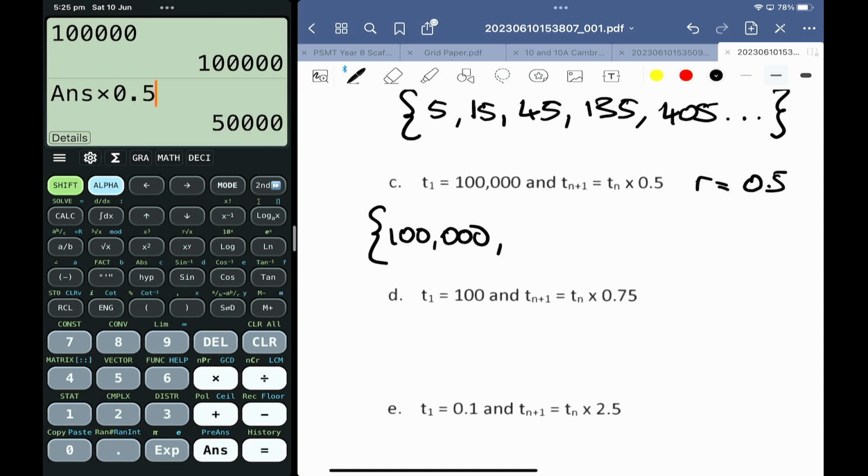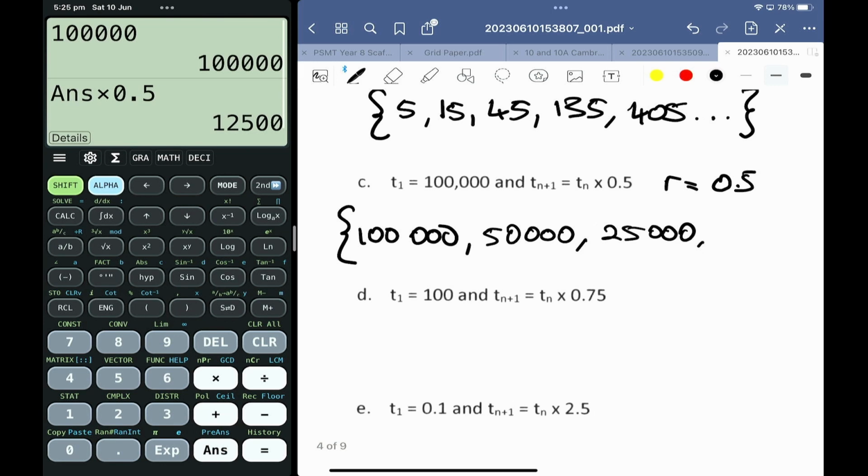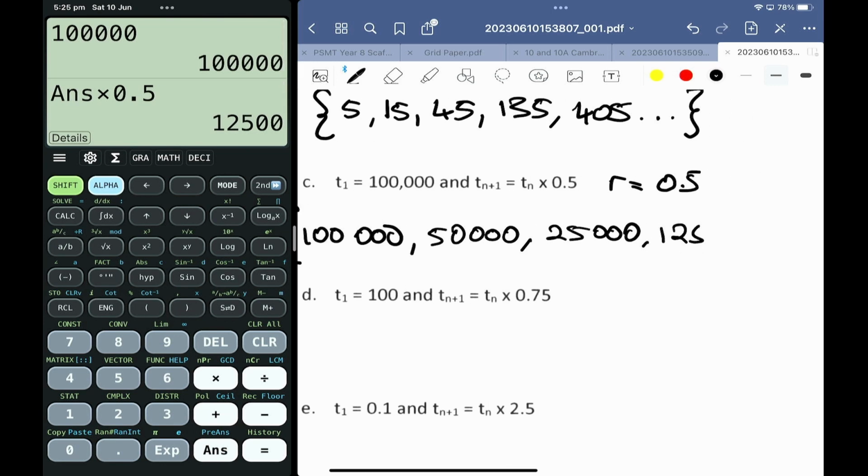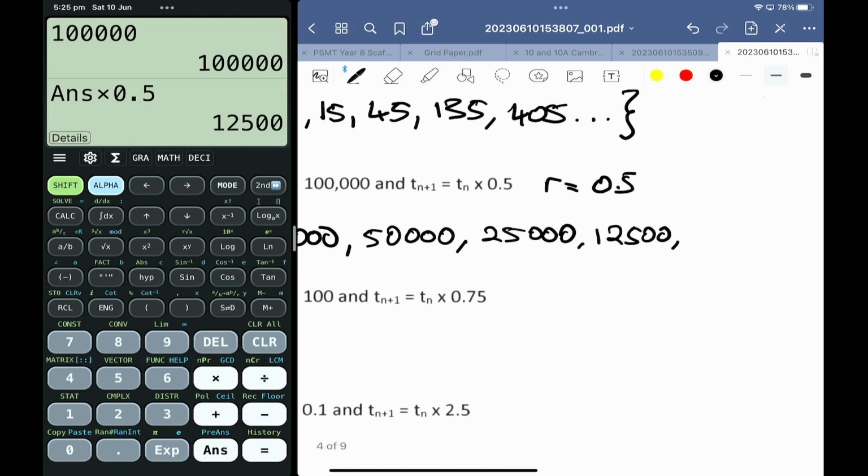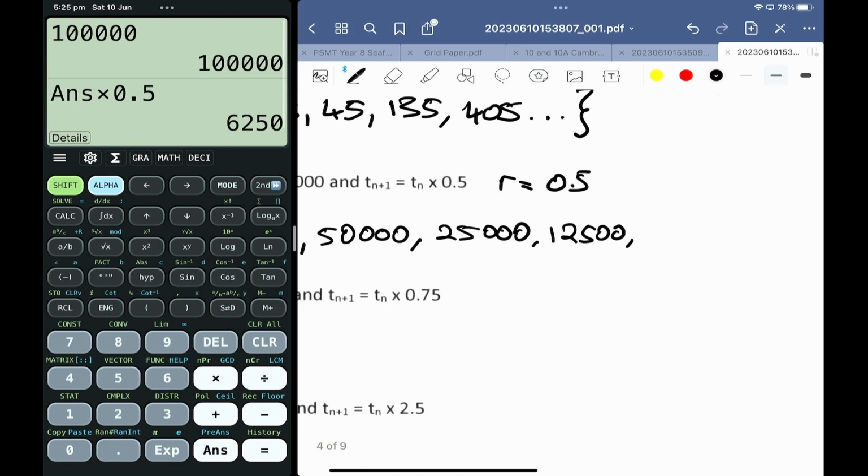And that gives me my next term, 50,000. Hit equals, 25,000. Hit equals, 12,500. And then hit equals one more time, 6,250.